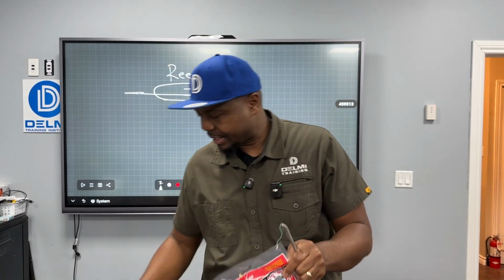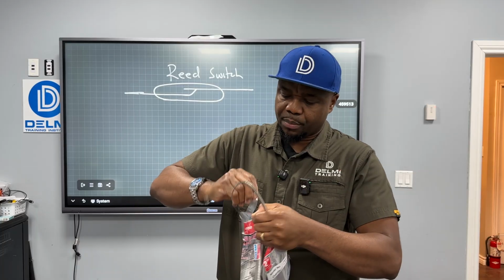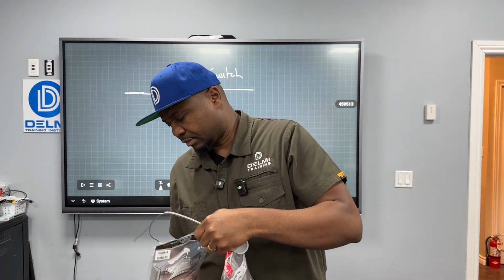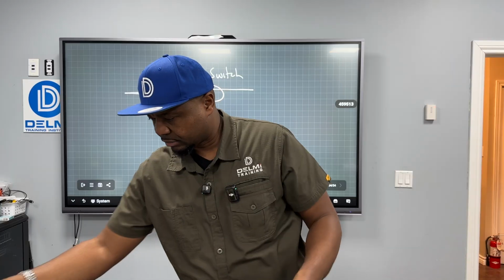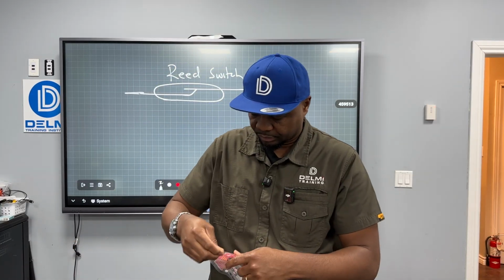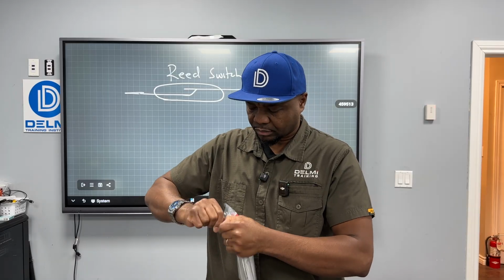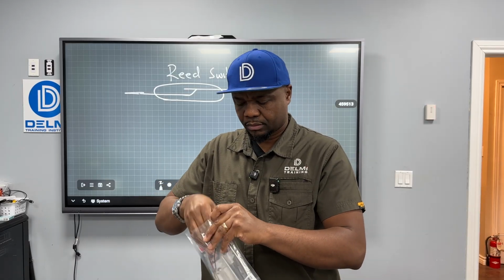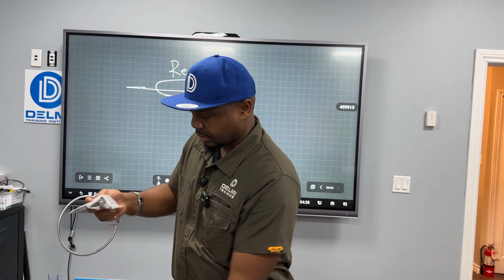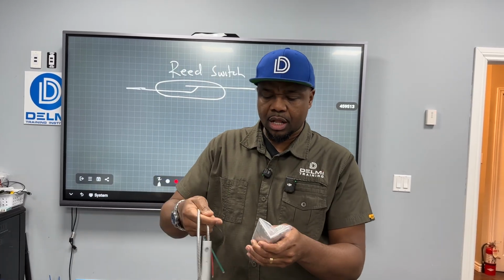So this is a new package. I'm just going to rip it open and take the contents out. And I'm going to rip this one out too. So these are all brand new.